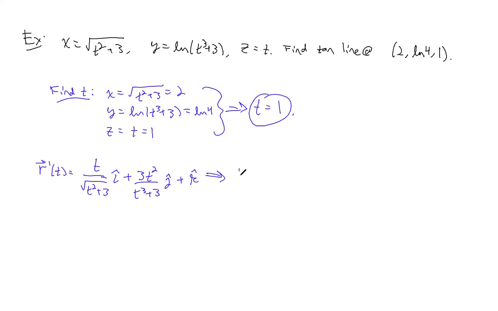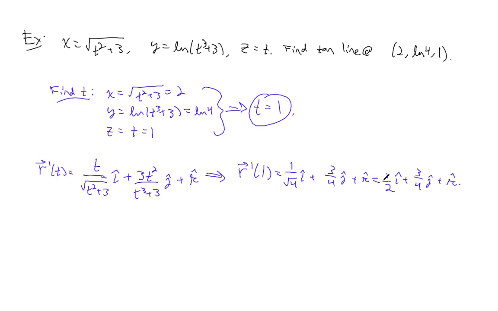Now that tells you that r prime of 1 is going to be 1 over root 4 i plus 3 over 4 j plus k, or if you prefer, 1/2 i plus 3/4 j plus k.